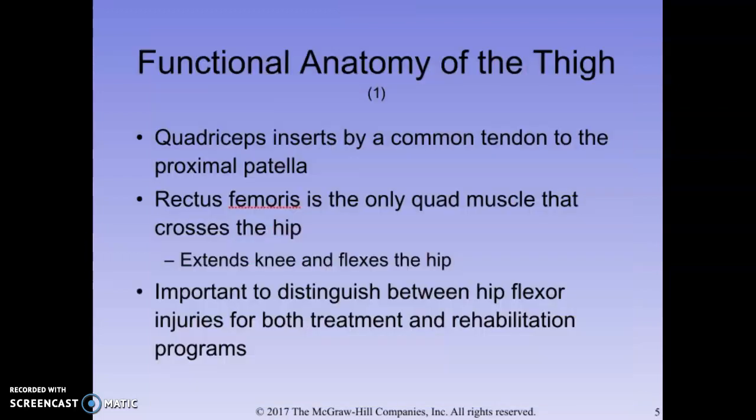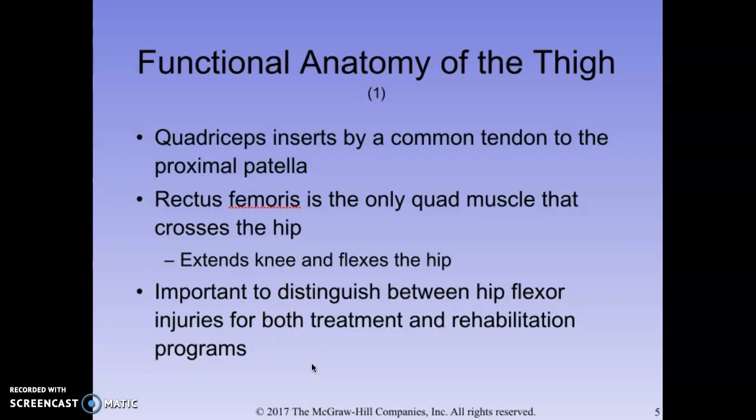Okay. Moving on here, the quadricep, again, we'll talk about it more with the knee, but it attaches into the patellar tendon down at the knee joint. The rectus femoris is the only quad muscle that crosses the hip and the knee. So it does knee extension and hip flexion.